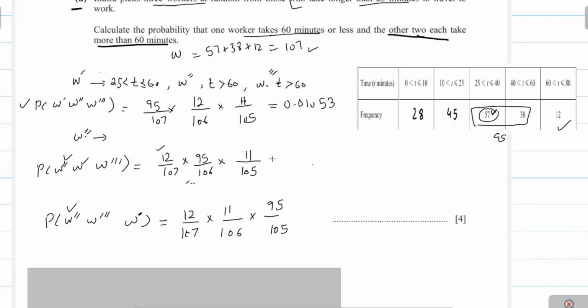This value will also be equal to 0.01053, and next is 0.01053.